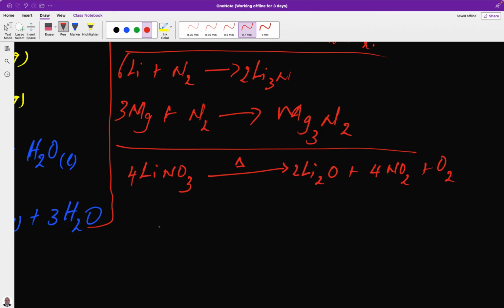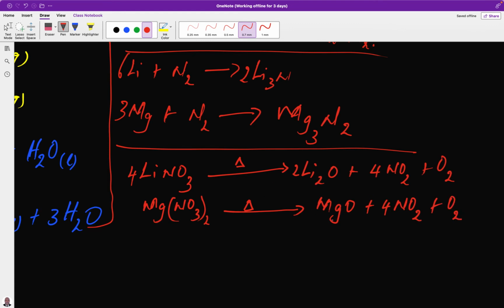Now again, magnesium nitrate, on heating, will give magnesium oxide plus nitrogen dioxide, and plus oxygen.